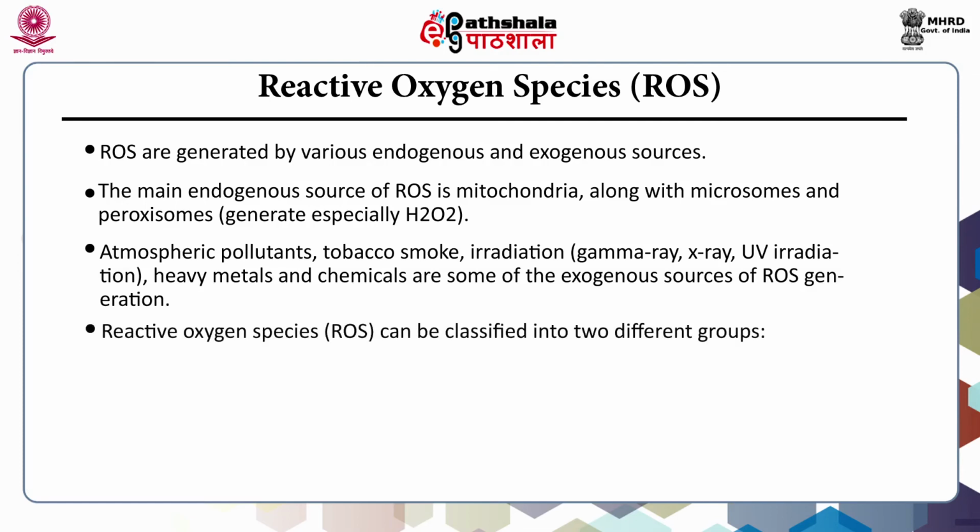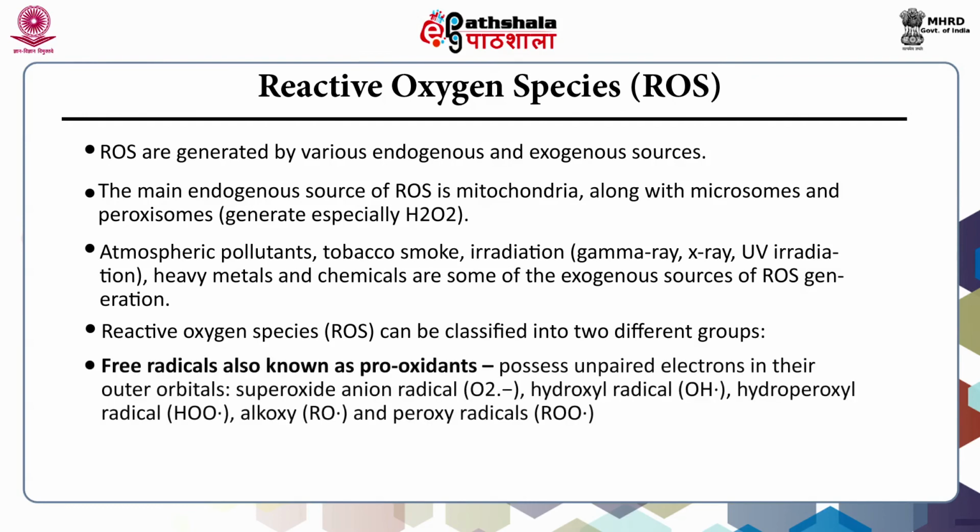Reactive oxygen species, that is ROS, can be classified into two different groups. Free radicals, also known as pro-oxidants, possess unpaired electrons in their outer orbitals: superoxide anion radical, hydroxyl radical, hydroperoxyl radical, alkoxy radical and peroxy radical.